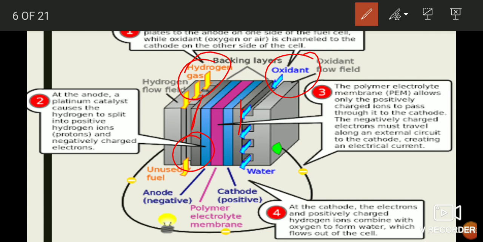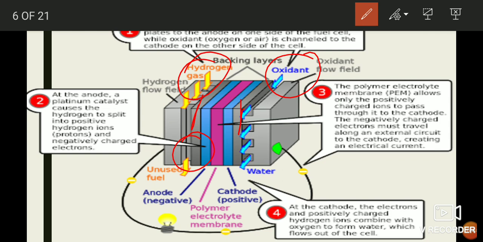In conventional systems, step first, chemical energy is converted into heat. Step second, heat is converted into mechanical energy. And step third, mechanical energy is converted to electrical energy.